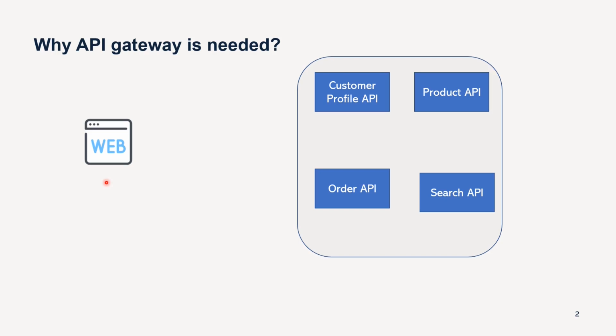But for example, what happens is that some business change happened, and now your customer base is broken down into the corporate and also the individual customer base. So now you will split your profile API into two APIs. This change is also going to impact your UI side.